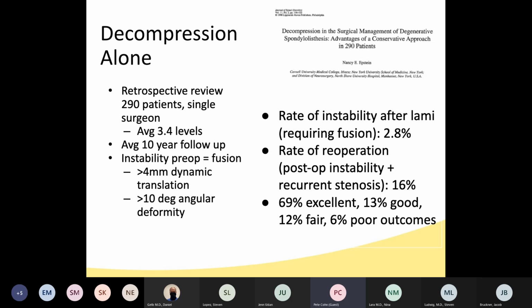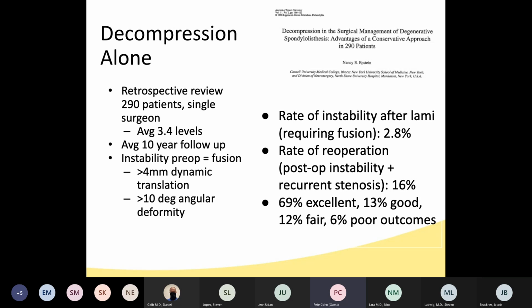In her operative group, if patients had greater than 4 millimeters of dynamic translation or greater than 10-degree angular deformity, they had a fusion, so they were not included in this group. So these were what some people would call a stable spondylolisthesis.